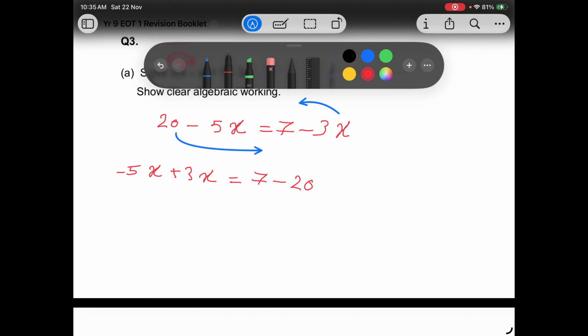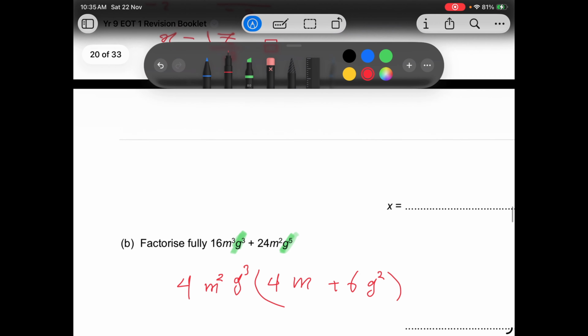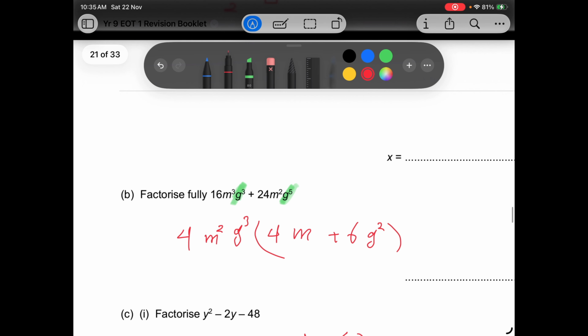So it will be minus 2x equals minus 17. Then you can divide both sides by minus 2. By minus 2, it will be x equals 17 over what? Over 2. And that's it. Hopefully this is okay.